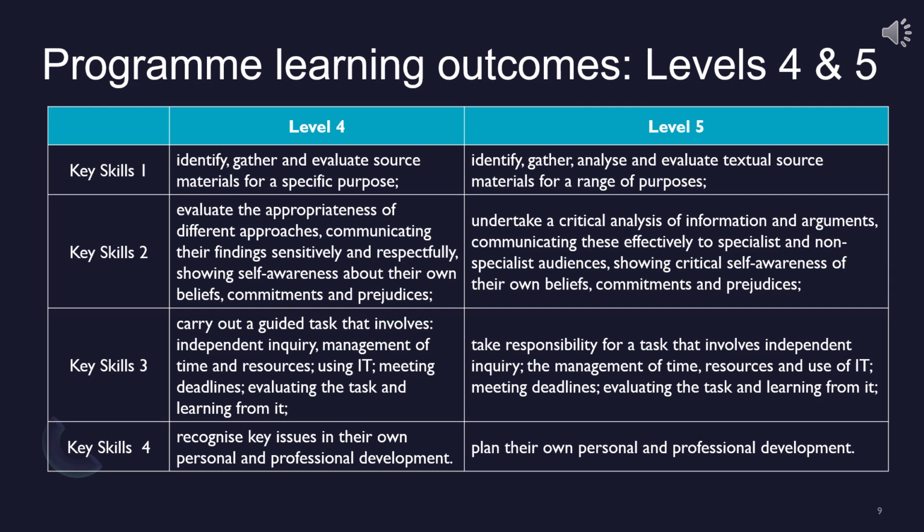On key skill 2, you've got evaluating things in level 4, but in level 5 it's a critical analysis, and again communicating to different audiences, and also that developing that critical self-awareness of your own beliefs, not just some kind of awareness but being more critical about that. More responsibility for the tasks in row 3, whereas your tasks might be guided at level 4. In level 5 we expect more independent study from the student.